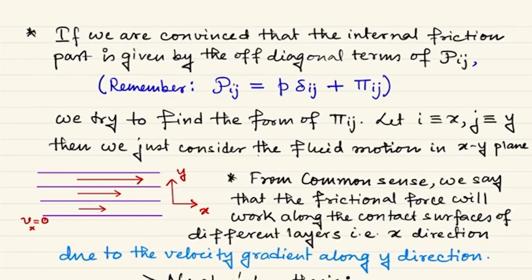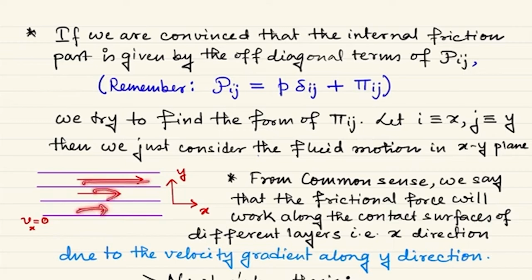So y direction is the vertically upward direction along which the different layers are situated, and the layers are basically flowing in the xz plane, but now we are just neglecting the z direction. We just say these layers are flowing along the x direction.